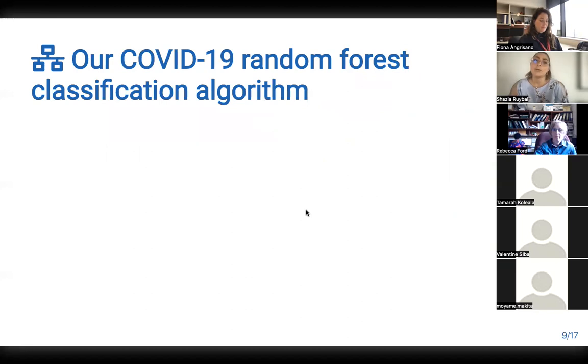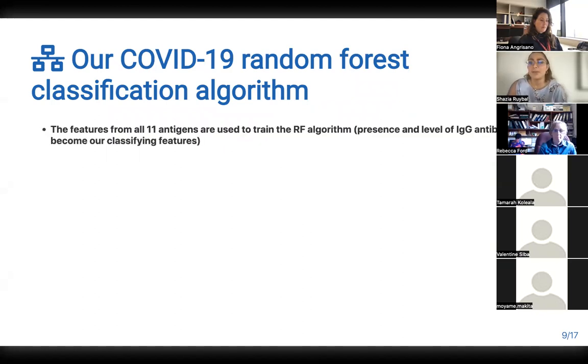Wonderful. So now I'll go into the details of our classification algorithm. I think I've already said some of these before, but the features from all of the 11 antigens were used to train the random forest algorithm. And so instead of having color and underline like we did in the previous example, we have presence and absence of antibodies compared to negative samples, and also the level of IgG.